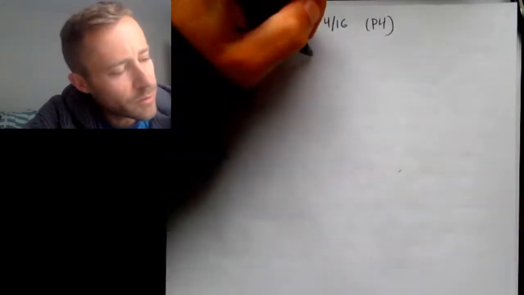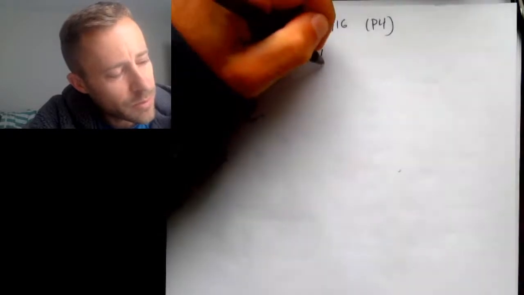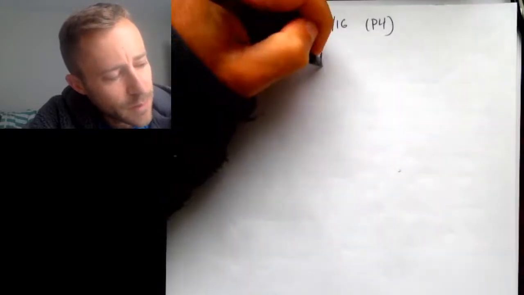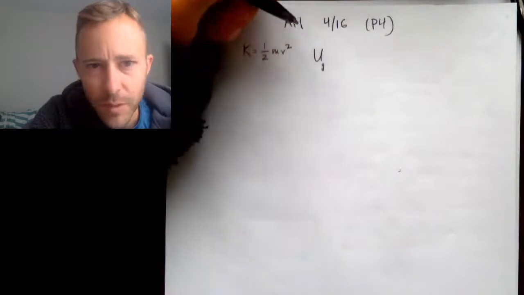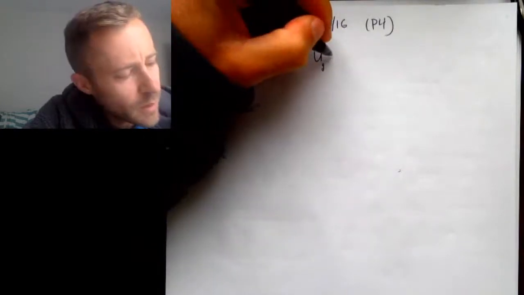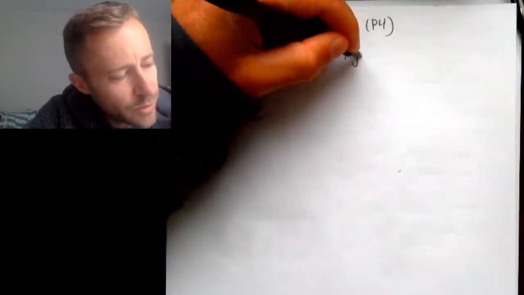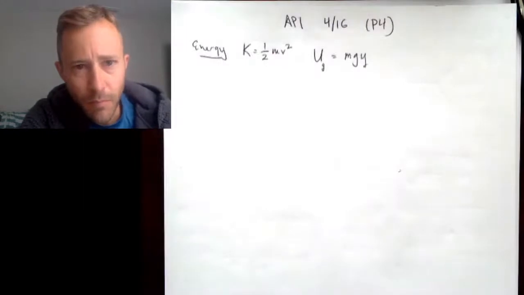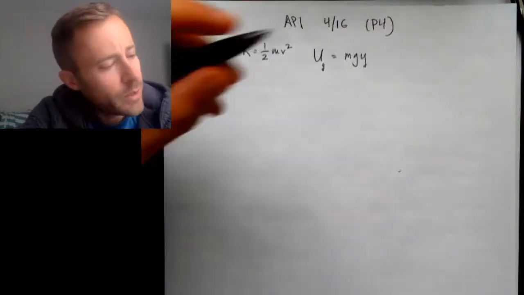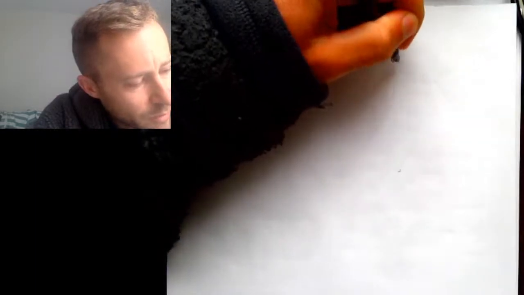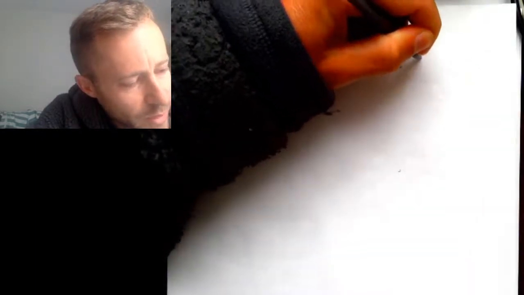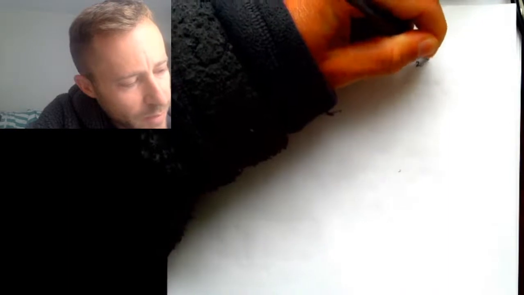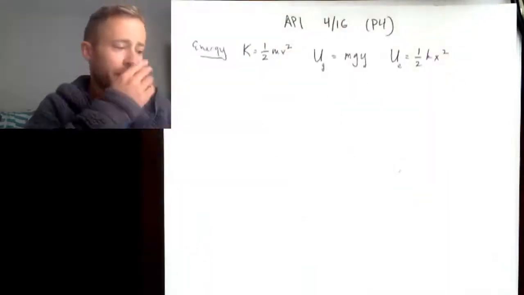We talked about gravitational potential energy, which I'll call maybe U sub g, and that is mgy. And then we also talked about elastic potential energy, which is 1/2 kx squared.